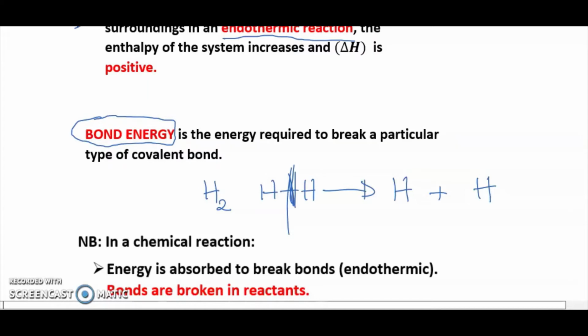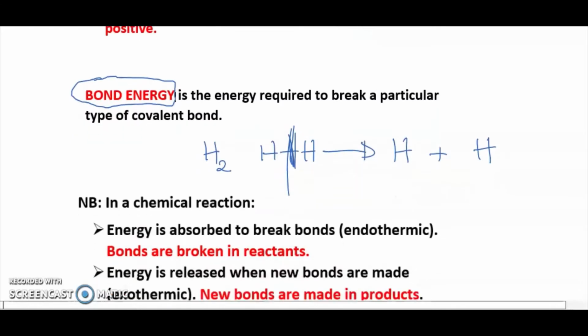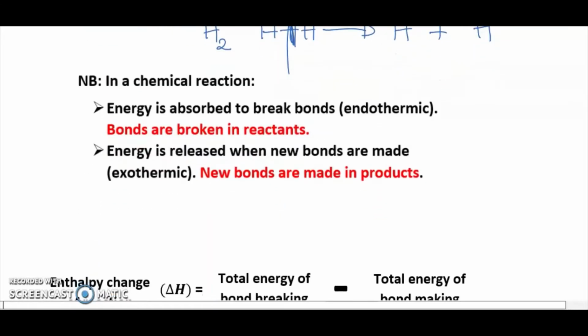Now the next thing we should also take note of here is that in a chemical reaction, energy is absorbed to break bonds. This is very important for you to note. So energy is absorbed whenever we break bonds, and in this case we talk of an endothermic process because we are taking in energy. So energy is absorbed to break bonds, and bonds are always broken where? In reactants.